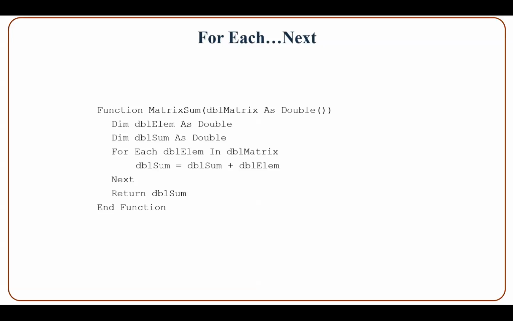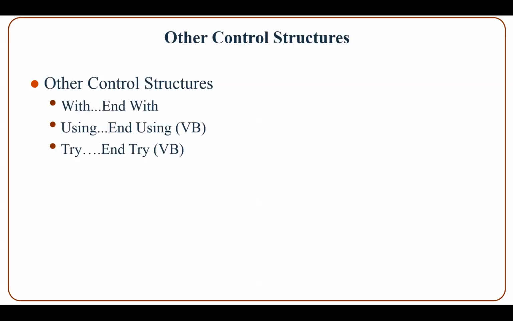There are other control structures like with and end with, using and end using, and try and end try. Those structures are used in Visual Basic .NET. Okay, so this is the syntax for with and end with structure.